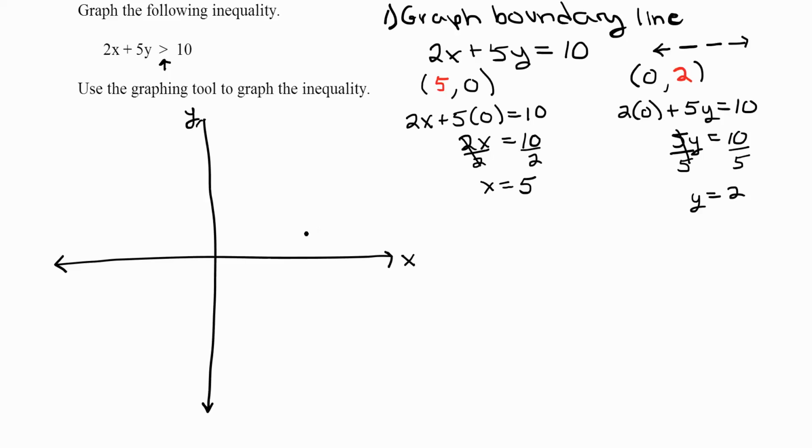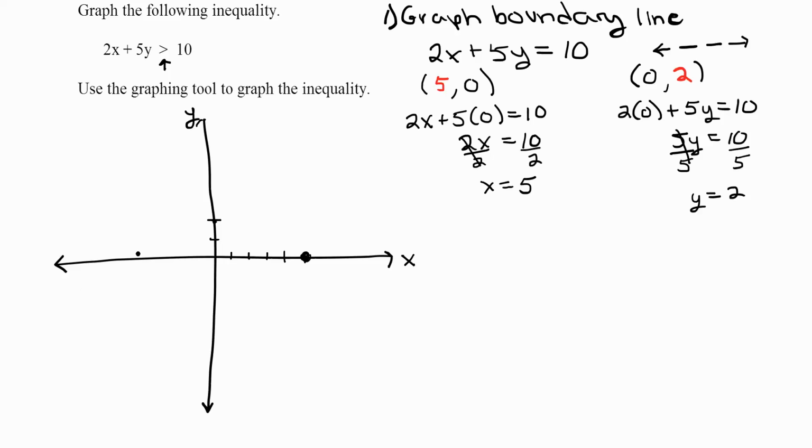The first point is (5, 0). So we have 1, 2, 3, 4, 5. So x equals 5, y equals 0. And then we have a y-intercept of (0, 2). x equals 0, y equals 2. That's our y-intercept point here.